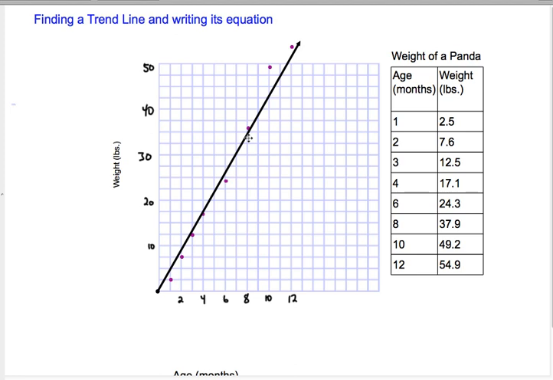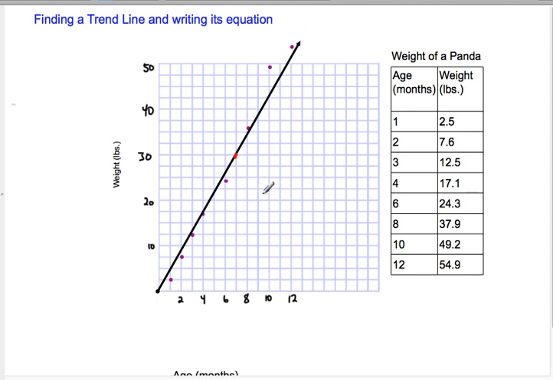And so I could interpolate that at 7 months the weight will be about, let me get a dot here, about 30 pounds, right about here. You can also use a trend line to extrapolate a guess as to what its weight would be maybe later on. And so maybe in 14 months I might guess that its weight is somewhere up here around 62 pounds, something like that.